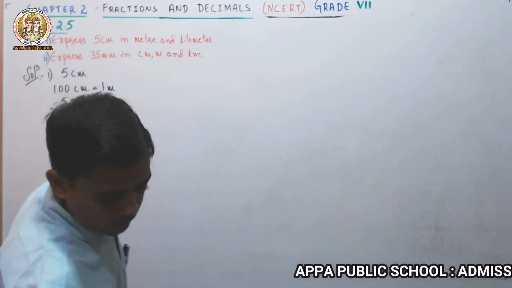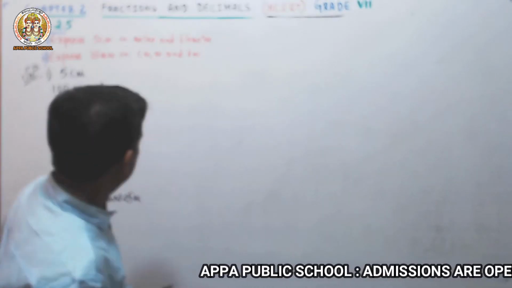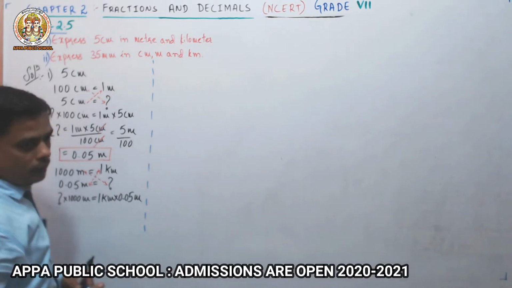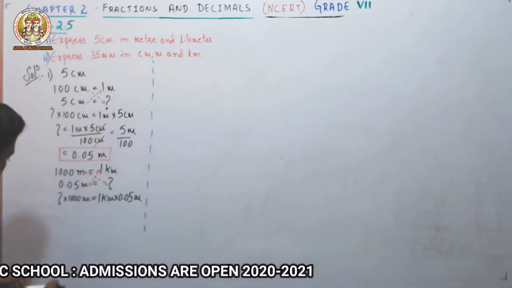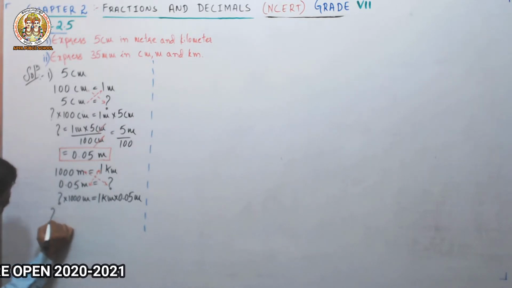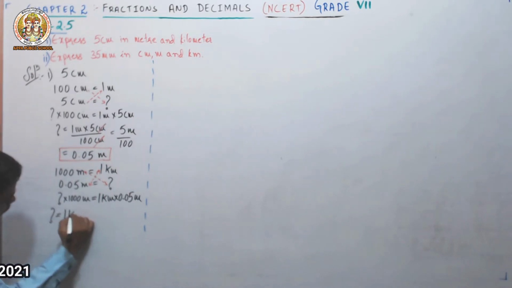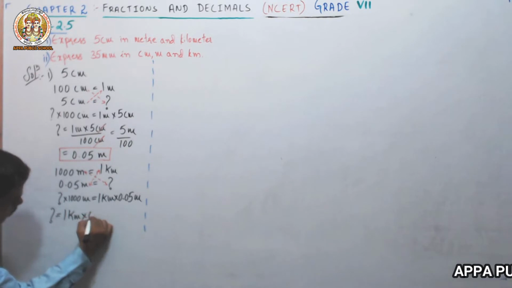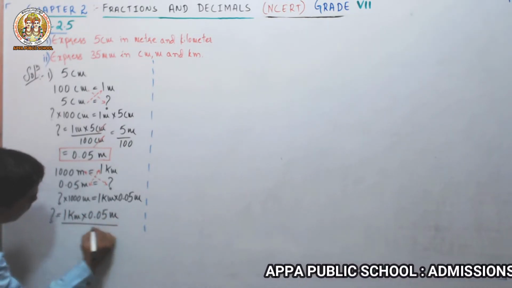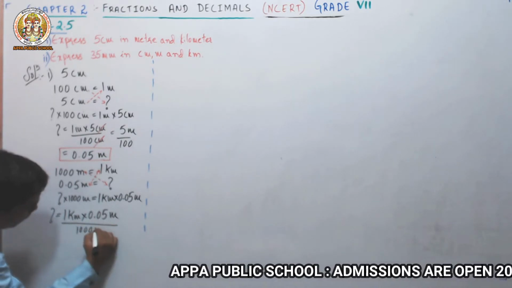I will solve here only. So question mark is equal to 1 kilometer into 0.05 meter divided by 1000 meter.